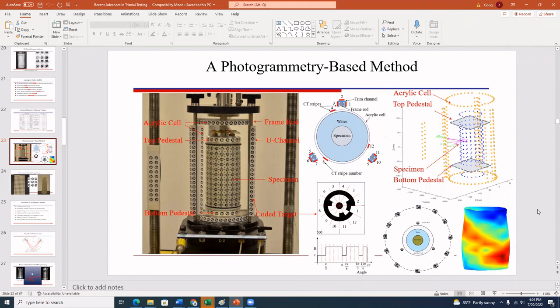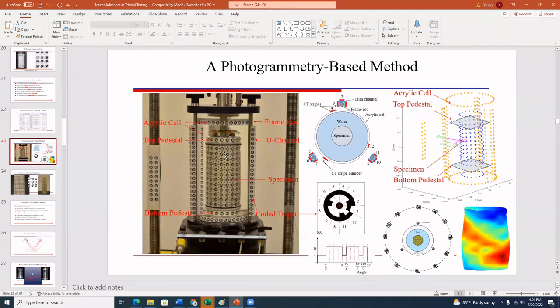Theoretically, we just need 2 points on the membrane, and the rest we can give them numbers. But we use the points in between as redundancy. So we not only use the coded targets, we also use the points between the coded targets.